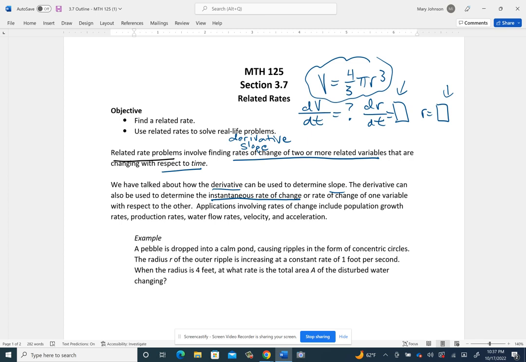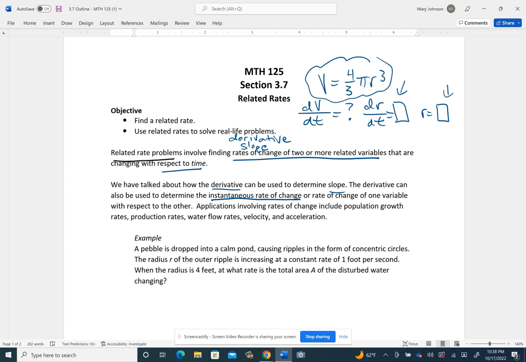But it can even be lots of business applications, like at what rate is the revenue changing with respect to time if the sales are changing at a given amount at a certain point in time.